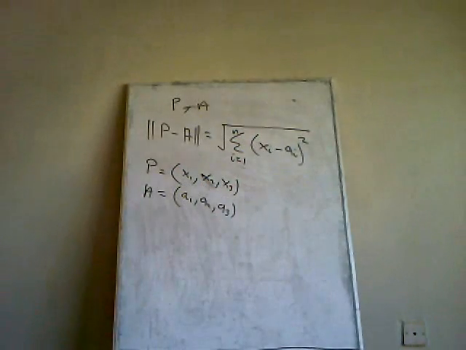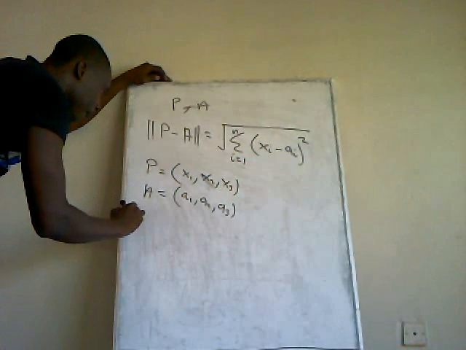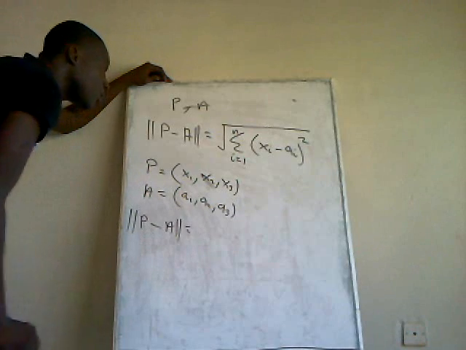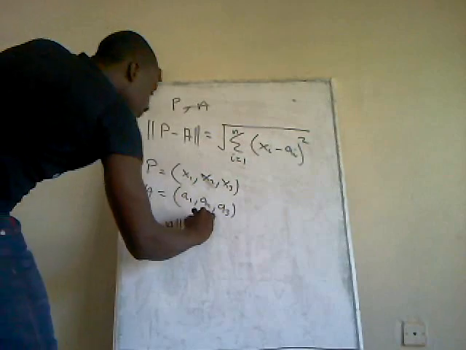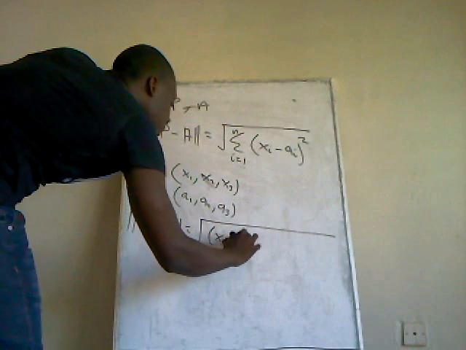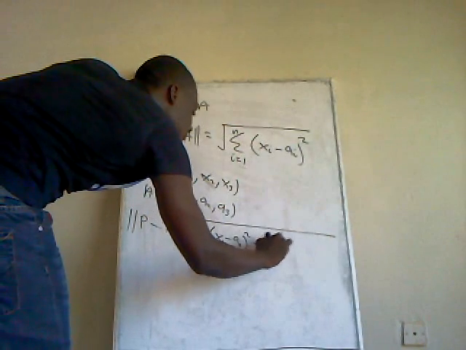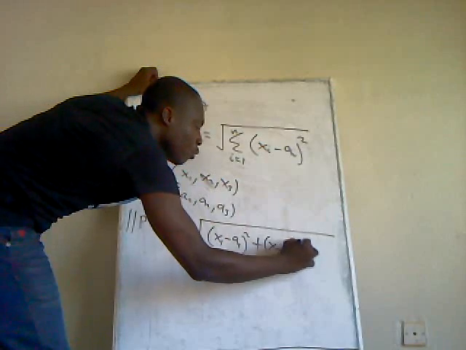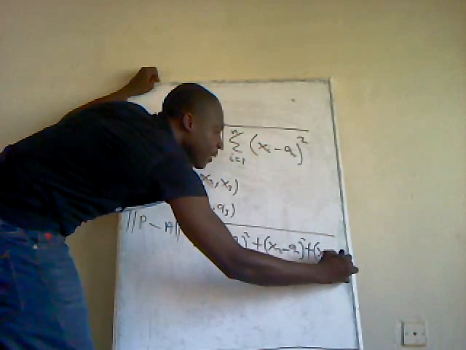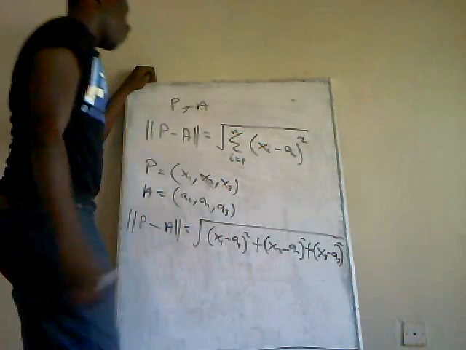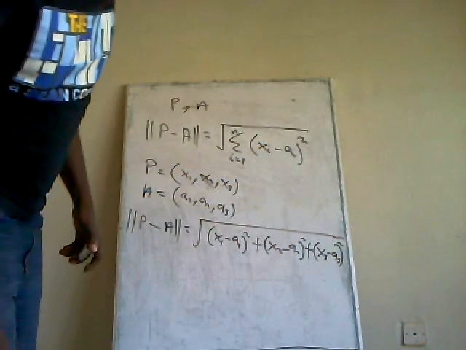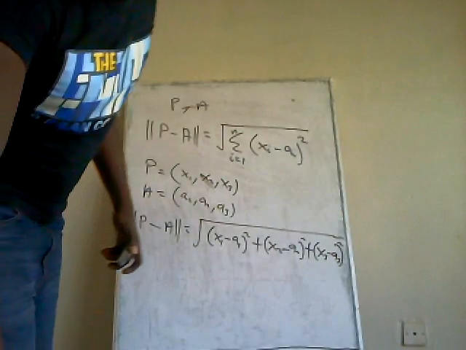Then the distance between P and A is equal to the square root of x1 minus a1 all squared plus x2 minus a2 all squared plus x3 minus a3 all squared. That will give us the distance between the two points P and A.